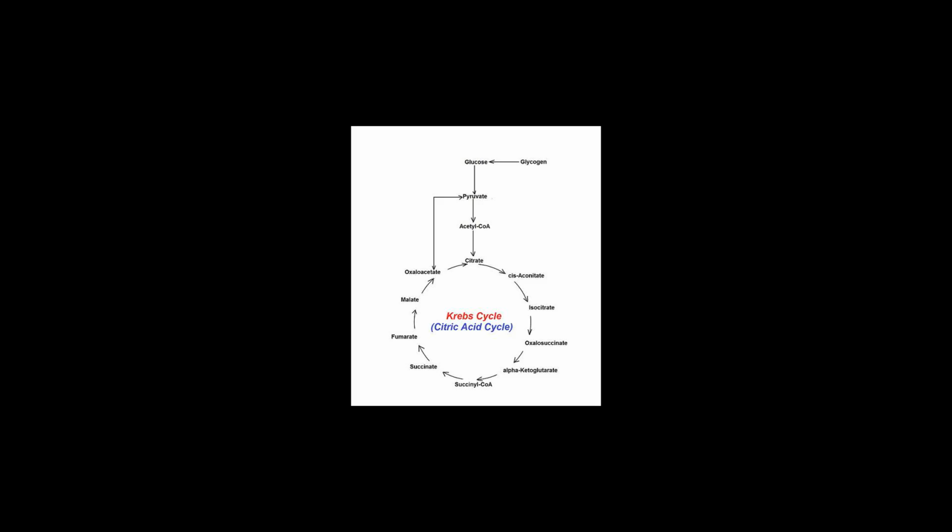Acetyl-CoA cannot be transported out of the mitochondrion. To obtain cytosolic acetyl-CoA, citrate is removed from the citric acid cycle and carried across the inner mitochondrial membrane into the cytosol. There it is cleaved by ATP citrate lyase into acetyl-CoA and oxaloacetate.